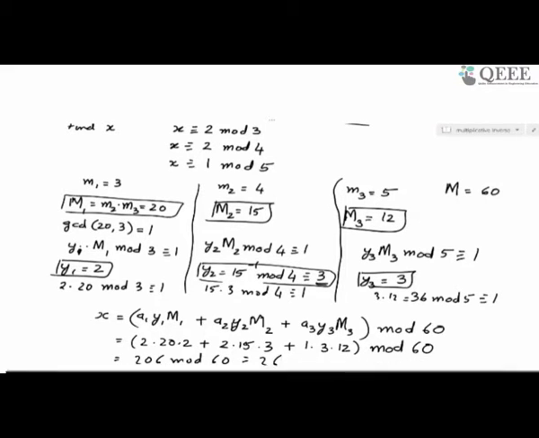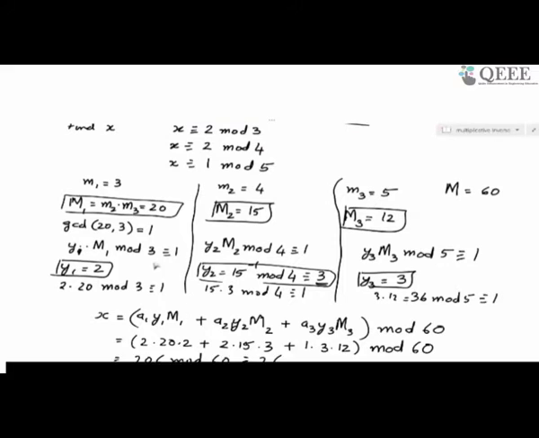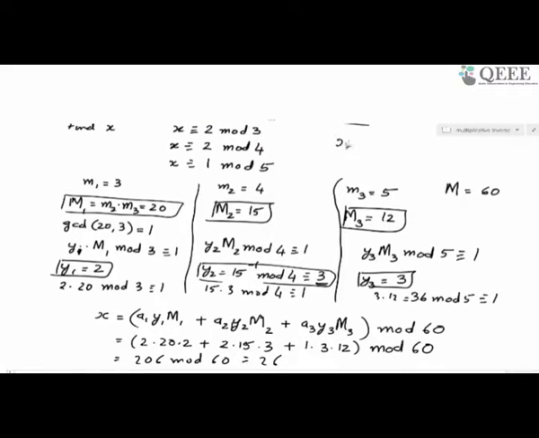Now you can verify that x equal to 26 is the solution we obtained from the Chinese remainder theorem. If you substitute the value 26 in all three equations, you will see that it indeed satisfies all three congruences.